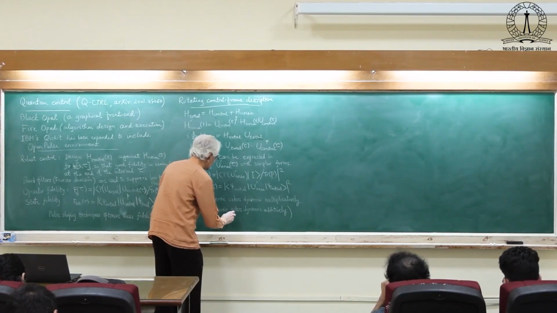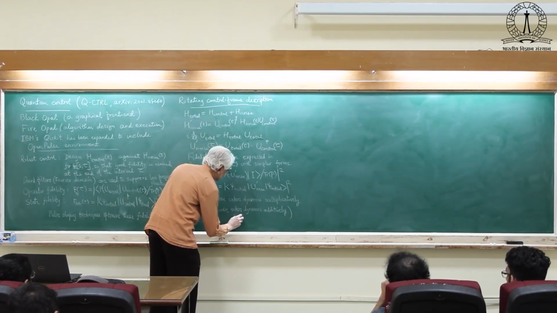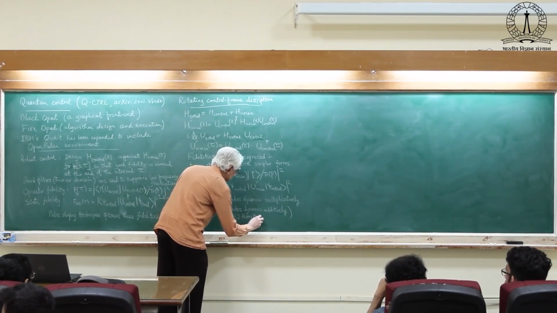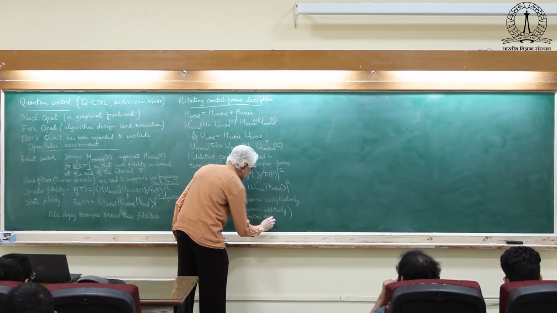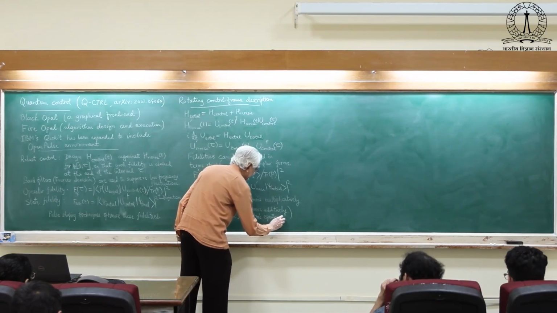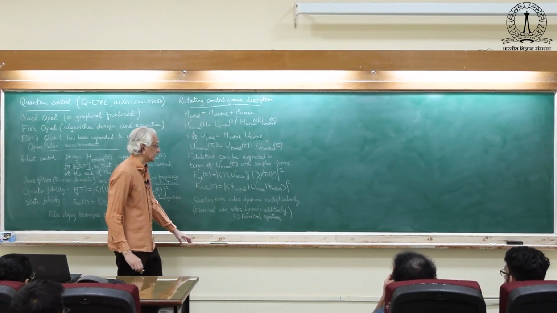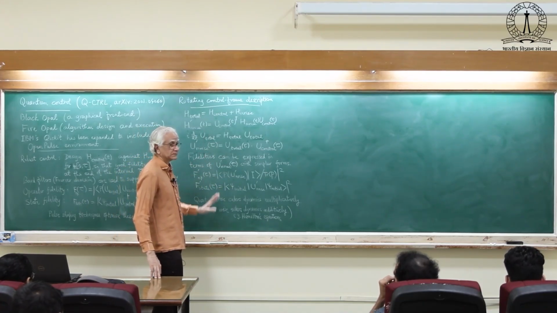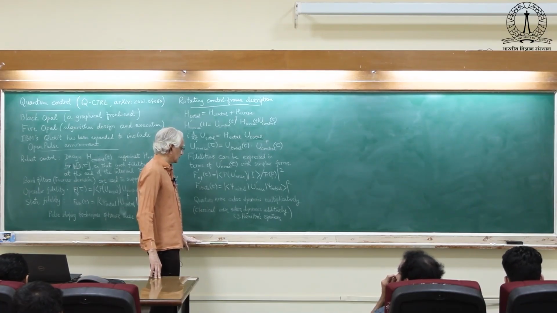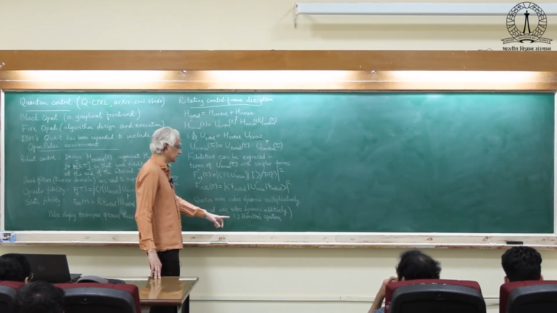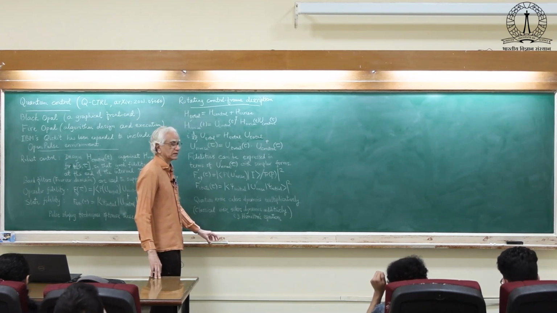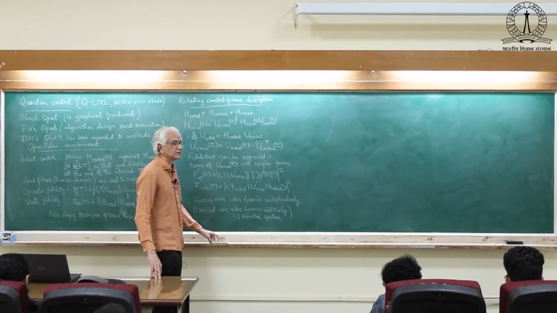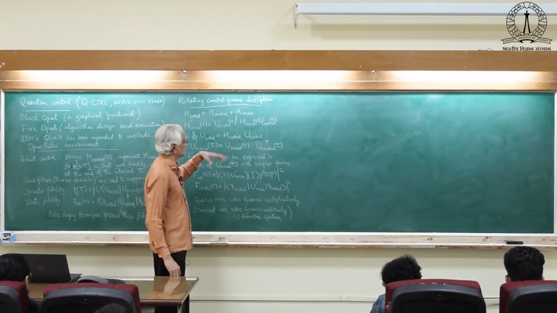Okay, so this is the difference, and it has to be maintained in whatever you design. The features actually change because in one case you want to remove the noise which is additive, in the other case you want to remove the noise which is multiplicative.